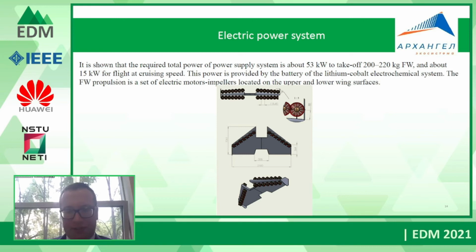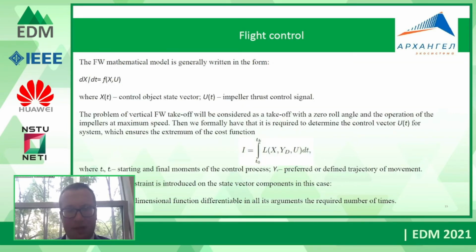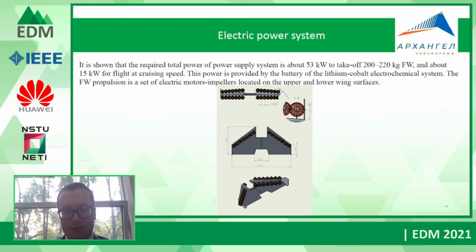So the next slide. And in flight control, the mathematical model of controlling is written like this, where X is the control object state vector, and U is the impeller thrust.